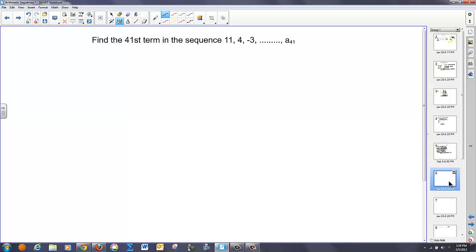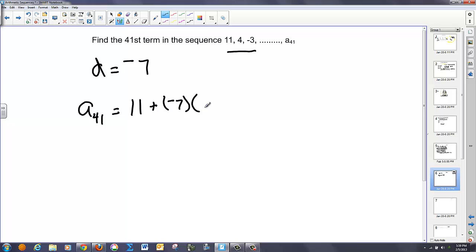Now I want to find the 41st term in an arithmetic sequence. I know this is arithmetic because I have a common difference here of -7. So if I want the 41st term, I'm looking for a sub 41. Notice I have a subscript value of 41. So to find any term, I need to take the first term plus the common difference and multiply that by the subscript value, which is 41, minus n, or minus 1, I'm sorry.